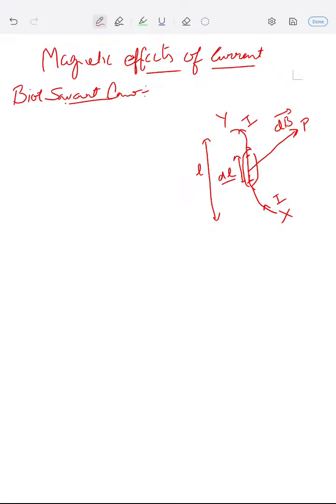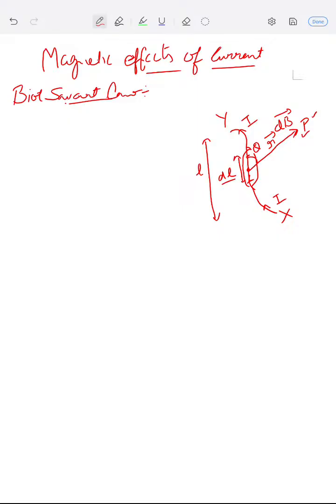There is a magnetic field produced due to the current flowing through the wire, that is dB at point P, and the distance from that element to P is r, and the angle made is theta. So this is the diagram of the Biot-Savart law.